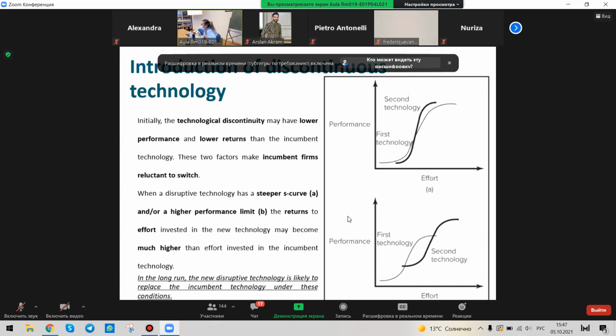Okay, so if the market accepts the new technology, because we have here the performance, okay, so we have in a sense the rate of acceptance of the market, the new technology will replace the existing technology. And so all the companies, even if they can be reluctant at the beginning to adopting a new technology, will have to adopt this technology.